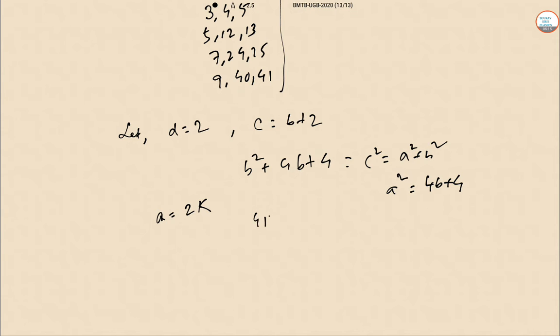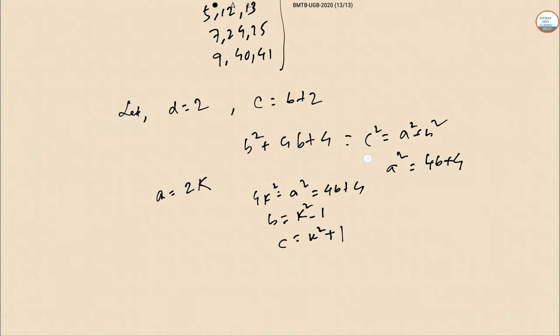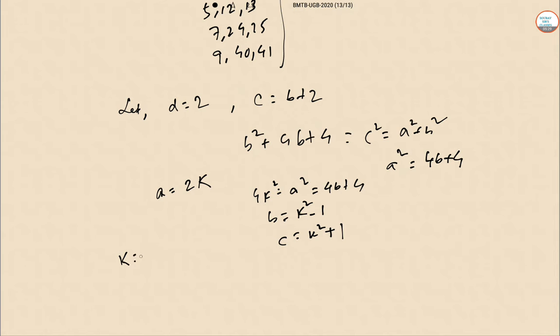So 4k square equal to a square equal to 4b plus 4, so b equal to k square minus 1, c equal to k square plus 1. For k equal to 2, a greater than b and k is odd, so b is even. So a and b are non-coprime, not co-prime.